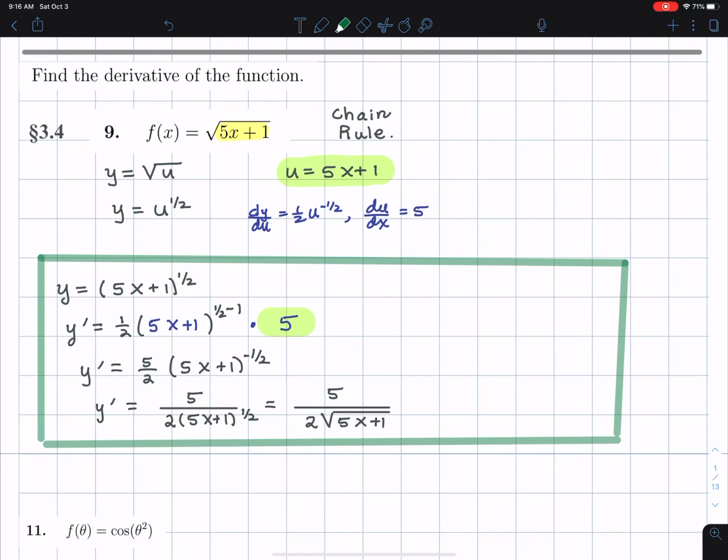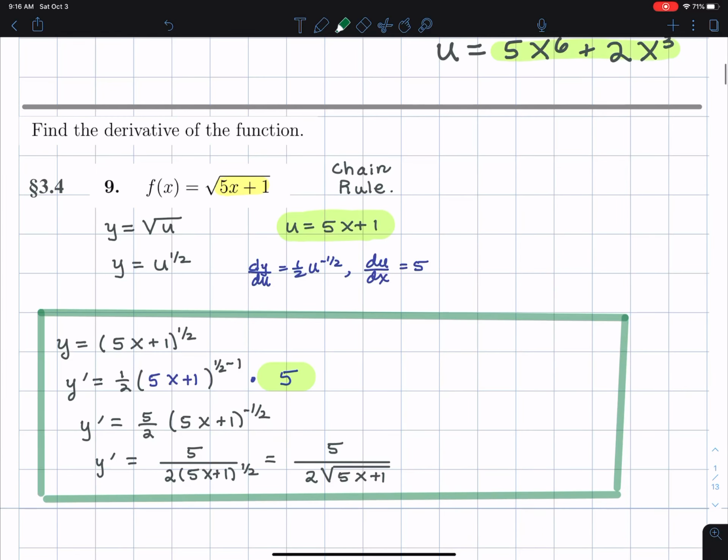As far as y equals the square root of u, y equals u to the half, that's good. You can do that. It might help. And maybe it even helps if I organize it a little better. If I put that derivative right below and then put this over here. So what you do is you can write the inside function and the outside function, take the derivative, and then the chain rule says that you multiply those together.